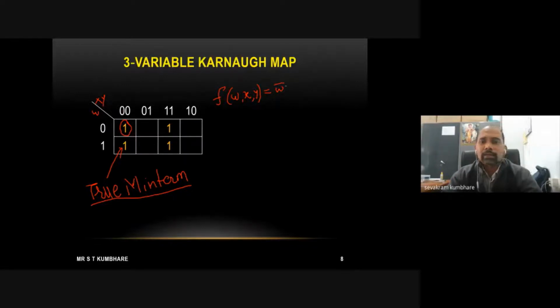Here x is 0, so I can write x bar. Here y is also 0, so I can write y bar, plus. Okay, so this is one minterm. Another minterm I can take this. In this W, okay, I'll change.